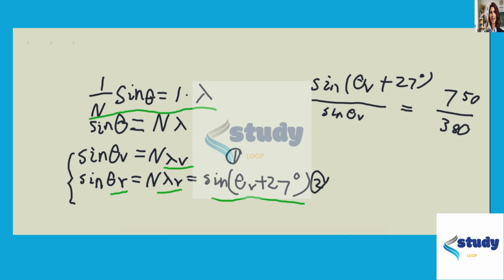If we plug in the value of lambda v, which is 380 nanometers, and lambda r, which is 750 nanometers, we will get this relation: sine of theta v plus 27 degrees divided by sine theta v equals 750 divided by 380.